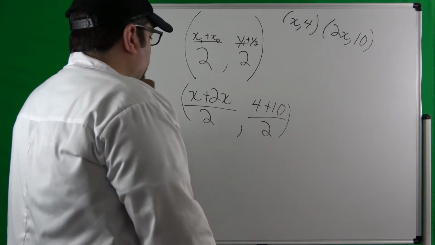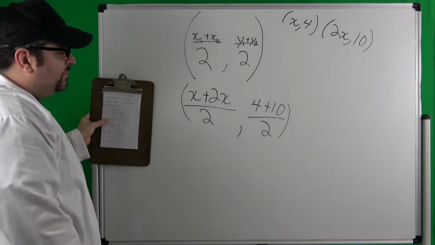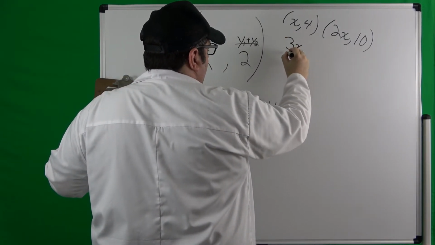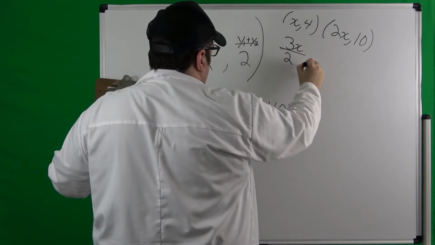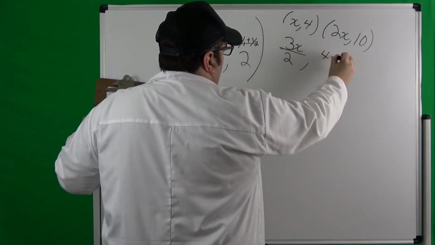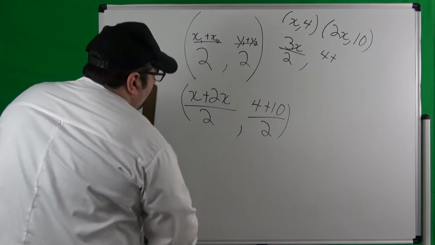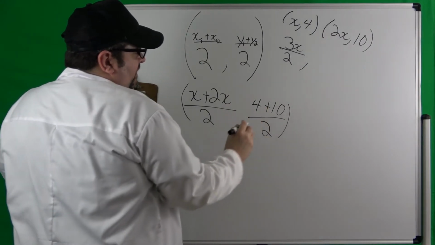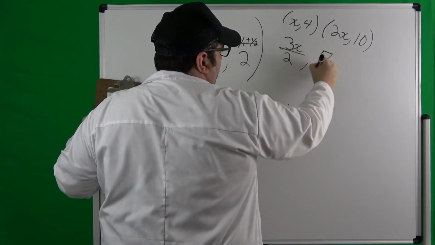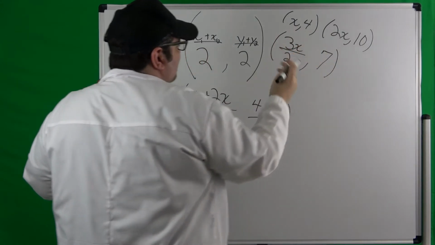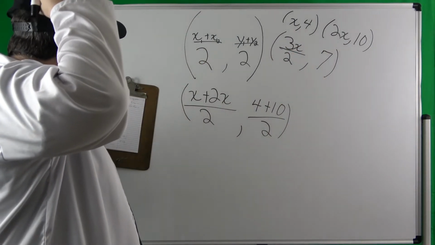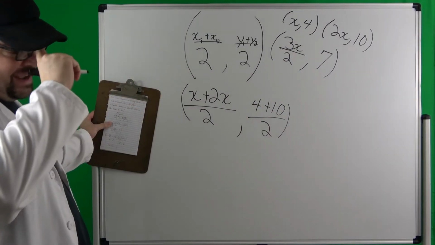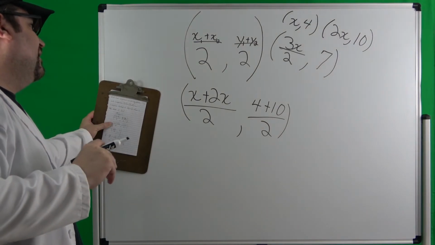Okay, so this simplified is going to give us 3x over 2, and what's 14 divided by 2? That would be 7. Okay, but that's not the answer, right? It still wants to know what the value of 2x is. So we just got that as a means to an end.